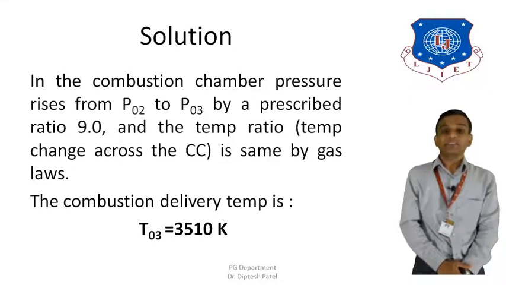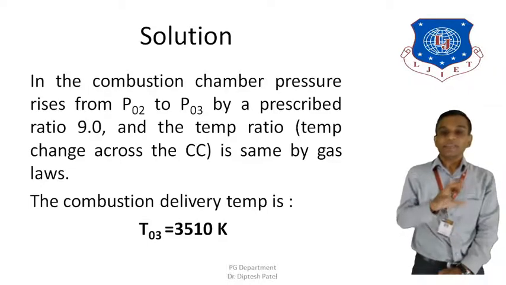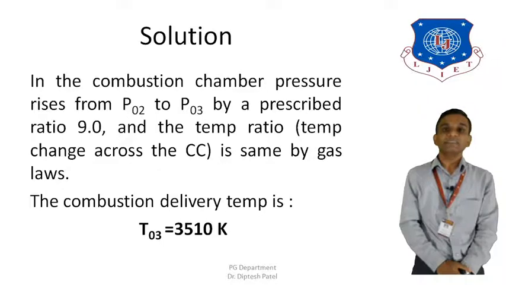And the temperature ratio is also the same by the gas law. So we can calculate the combustion delivery temperature, and that is T03, which is equal to 3510 Kelvin, which is obviously the highest temperature that can be achieved.